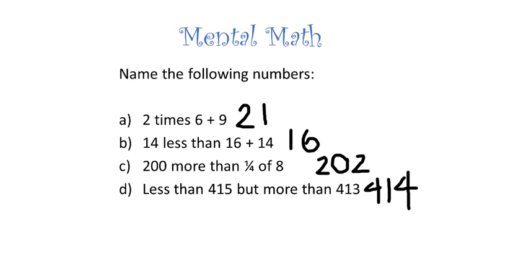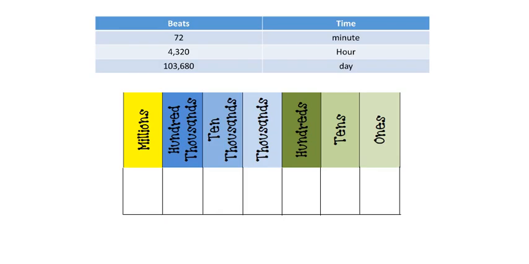Let's continue, and we're going to start with the lesson. On page 25, we have a problem that says a human heart normally beats 72 times every minute. How many times does a normal heart beat in one day? And they give us a chart. If you can see it there, it's very similar to this one here. So it gives us the amount of beats and the time for each.